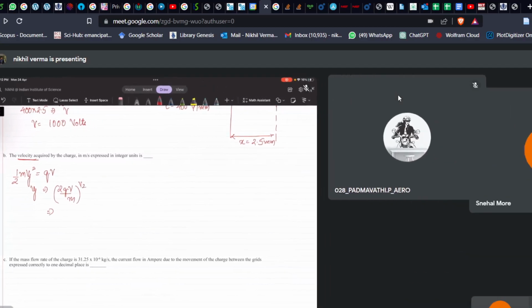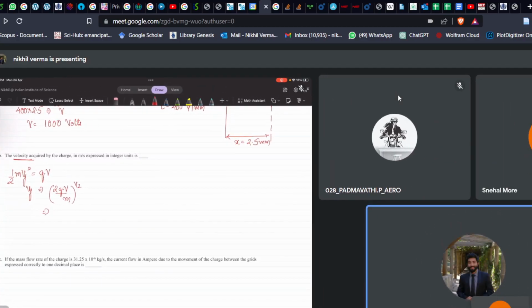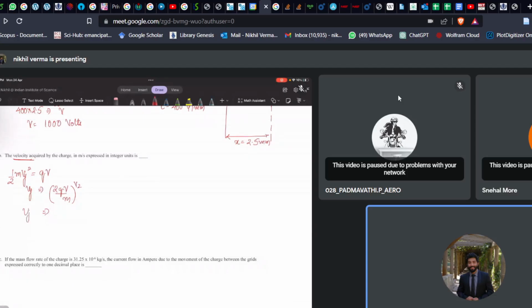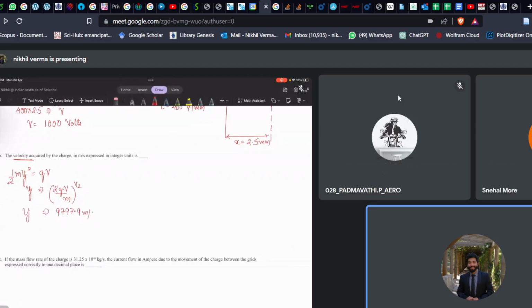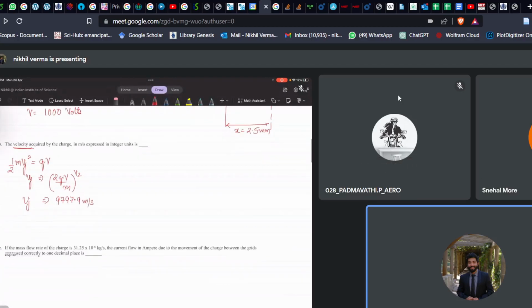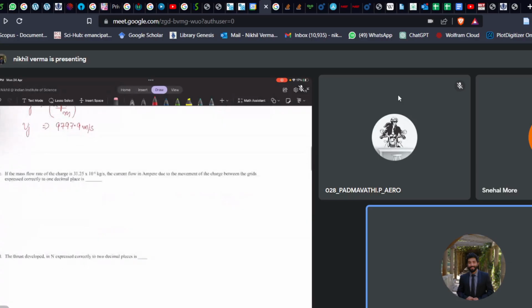When you do that, you can calculate the velocity of the jet, which will come out to be 9797.9 meters per second.